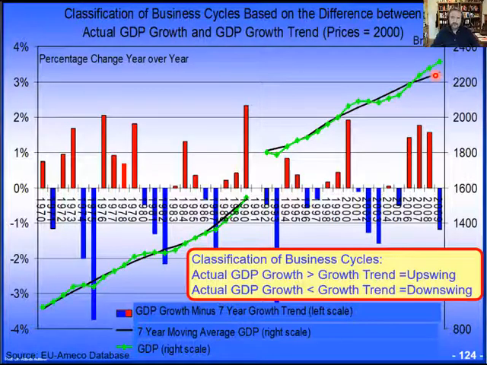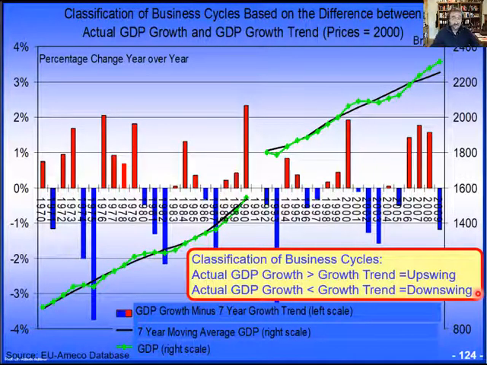The moving average is calculated as the average value of GDP over a time span of 7 years. If the actual GDP growth is larger than the growth trend of the moving average GDP, we are in an upswing period. If the actual GDP growth is smaller than the growth trend of the moving average GDP, we are in a downswing period.